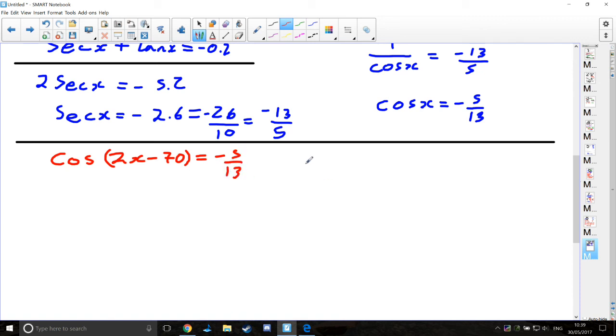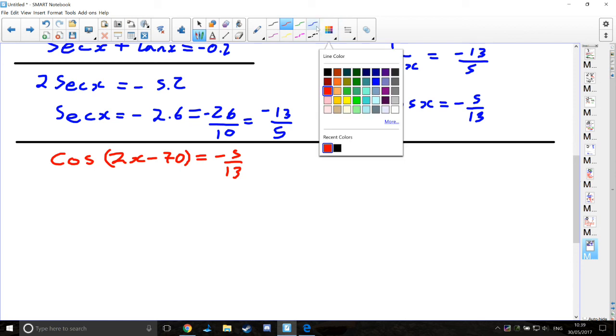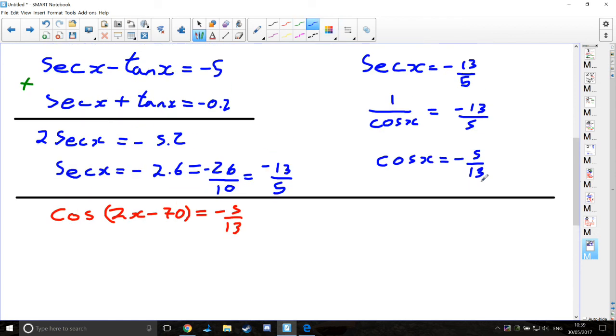Now, what I'm going to do here is a Core 2 technique, which is to use a helper variable to work out the range for this graph, because it's not going to be between 90 and minus 90 if we use a helper variable and solve for it. The reason it's a good idea to use a helper variable is because of this transformation here, this stretch scale factor of a half in the x direction. So let's just adjust the range accordingly.